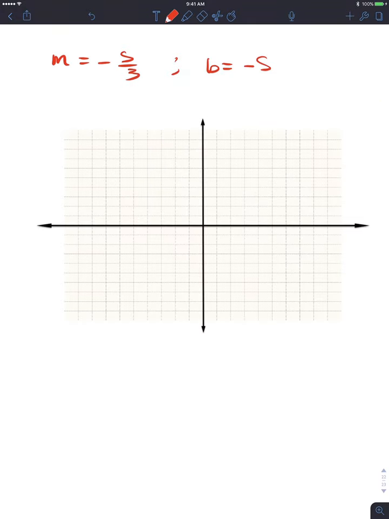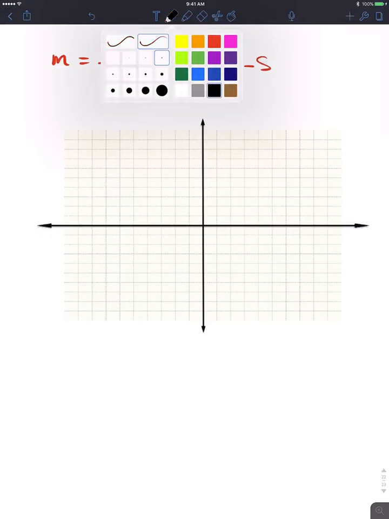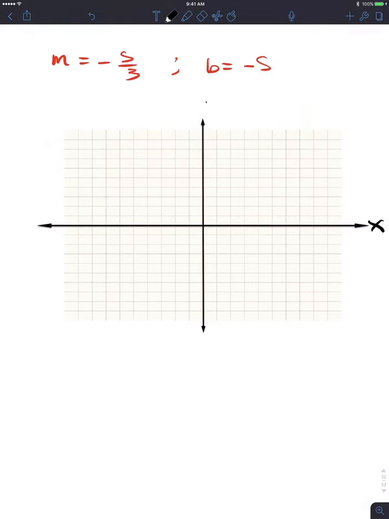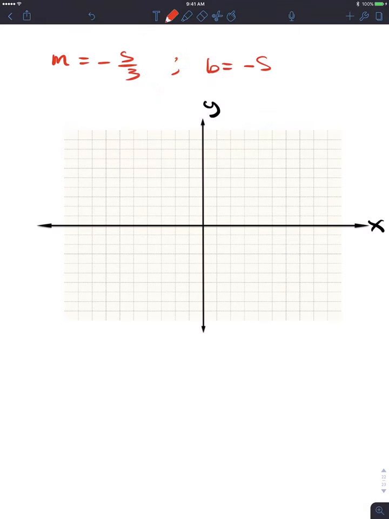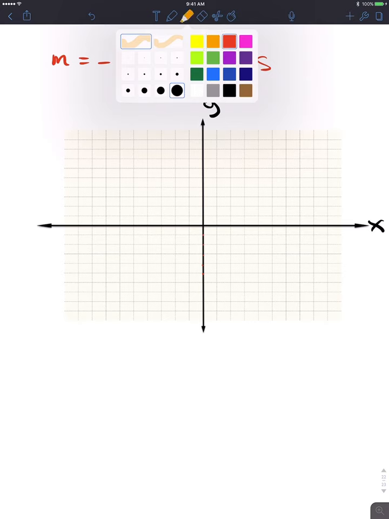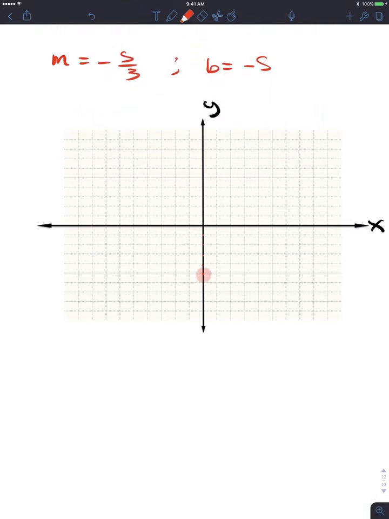Okay. First of all, I have the x-axis, your y-axis. We're going to have to plot down at negative 5. 1, 2, 3, 4, 5. So, the point on the y-intercept is down here at negative 5.